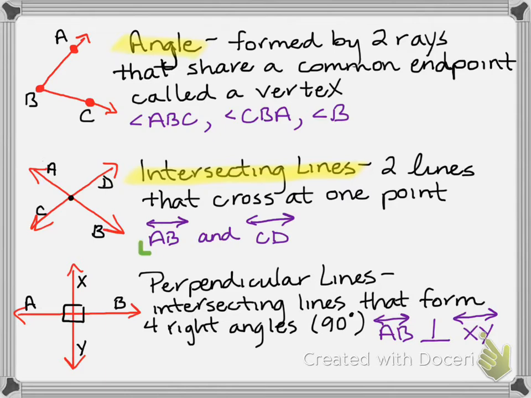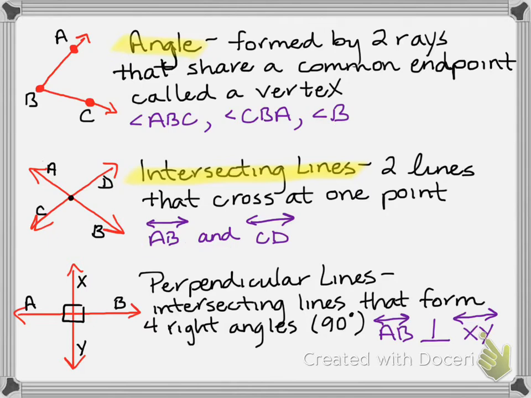So we've got line AB. Notice the line drawn over the letters AB. And you have line CD. So line AB and line CD, they're intersecting lines. That's how you'd write that.